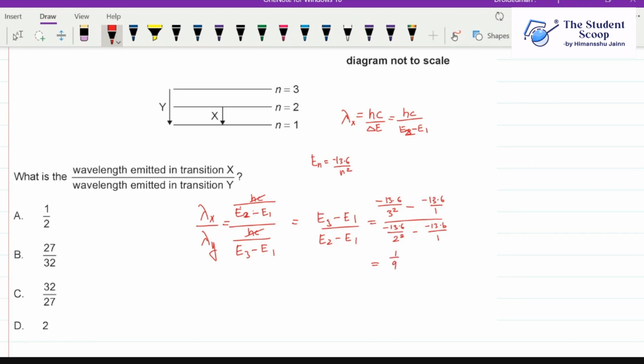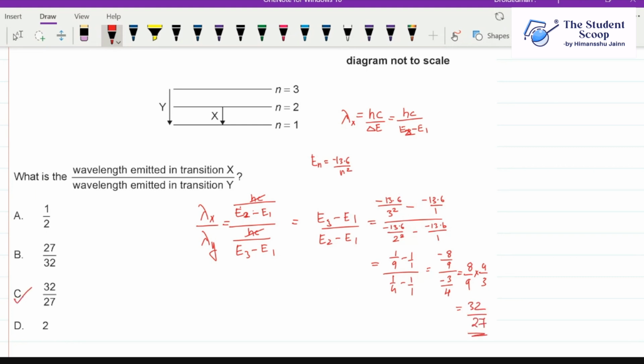We'll get 1 upon 9 minus 1 upon 1, upon 1 upon 4 minus 1 upon 1. Then we can do the cross multiplication, which will give minus 8 over 9 upon minus 3 over 4, which upon simplifying will give us 32 over 27. So C is the correct answer.